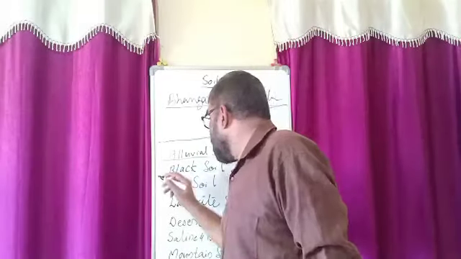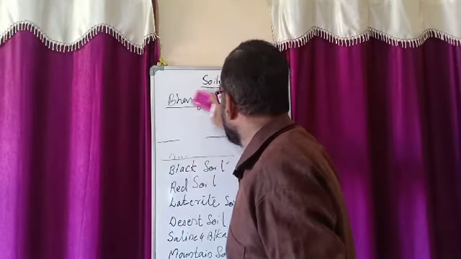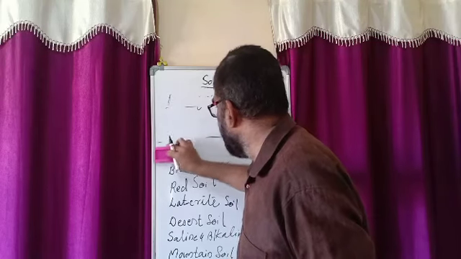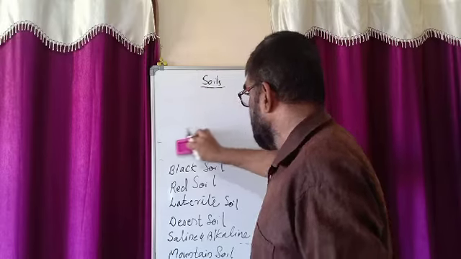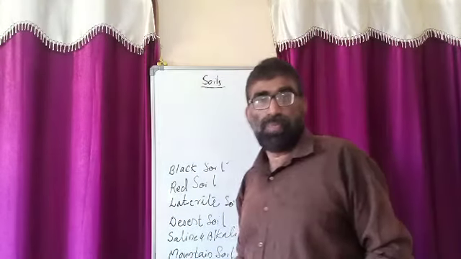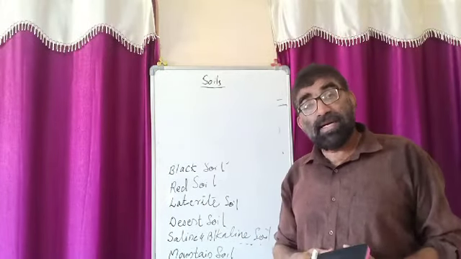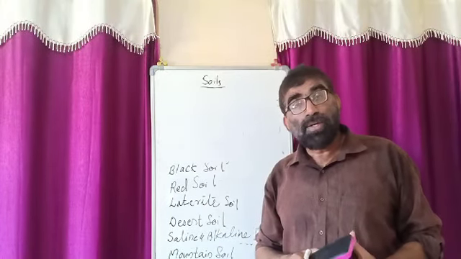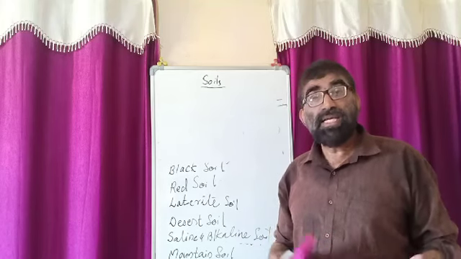Then another soil we see is black soil. Black soil is mainly found in peninsular India, and black soil is found in situ. Black soil occupies Maharashtra, Madhya Pradesh, Gujarat, part of Andhra Pradesh, Tamil Nadu, Karnataka.